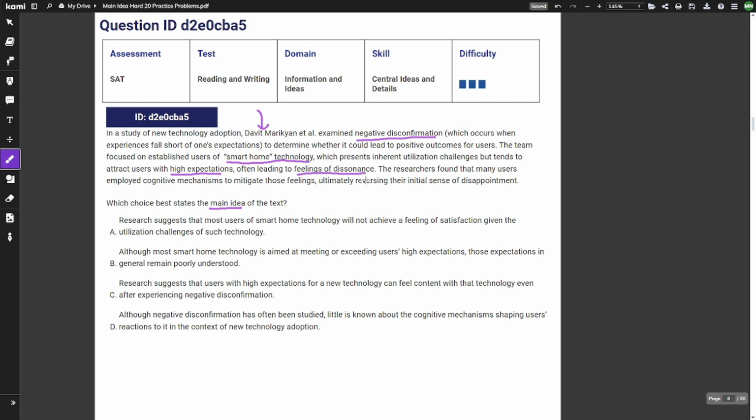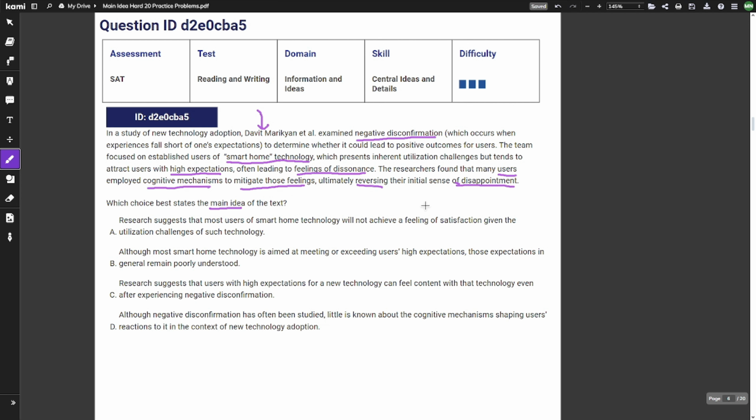But these researchers actually found out that the users of smart home technology are using some special techniques to mitigate those feelings of disappointment, alright? So even though it didn't meet their expectations, they're employing some cognitive mechanisms, and as a result, they're not as disappointed anymore. They're not as sad.